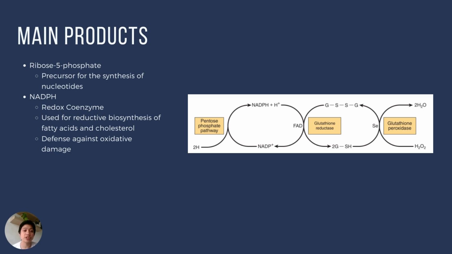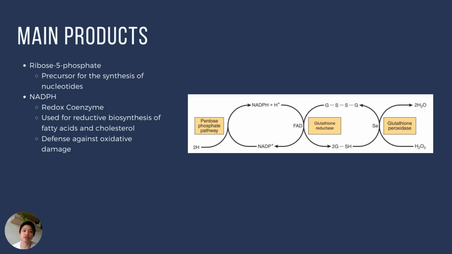Here, in this image on the right, you will see how NADPH performs its antioxidant property. So you have here the pentose phosphate pathway, which produces NADPH.